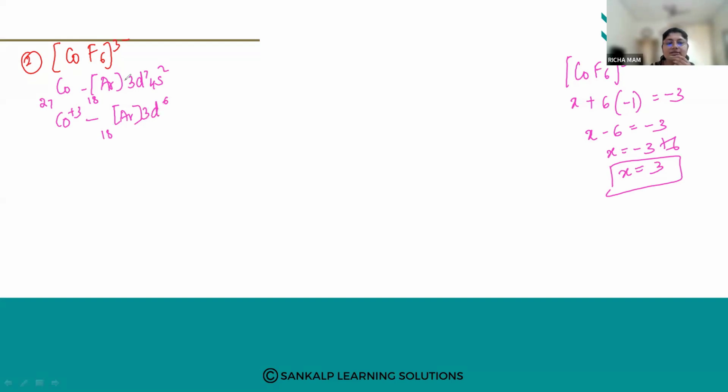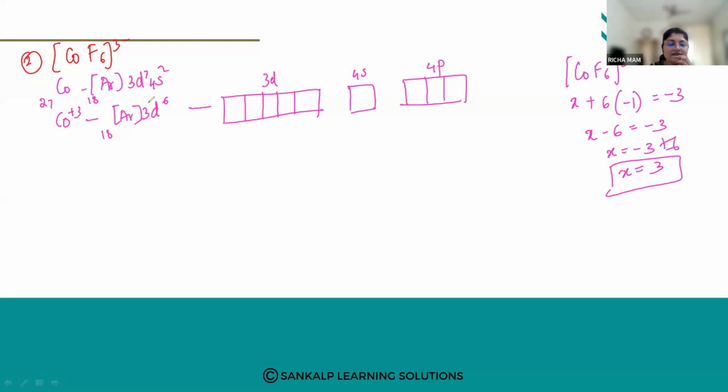Now, as the central metal atom is cobalt and its oxidation state is +3, again write the electronic configuration. So 1, 2, 3, 4, 5 for 3d, then comes your 4s and then comes your 4p. Now fill up the electrons again.